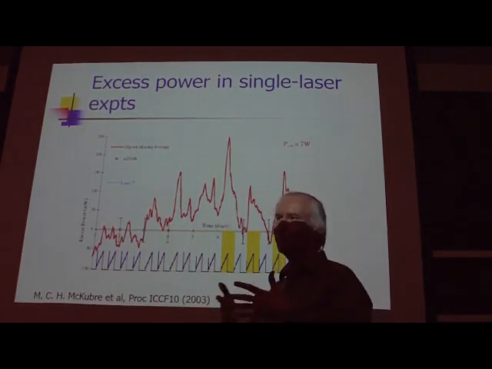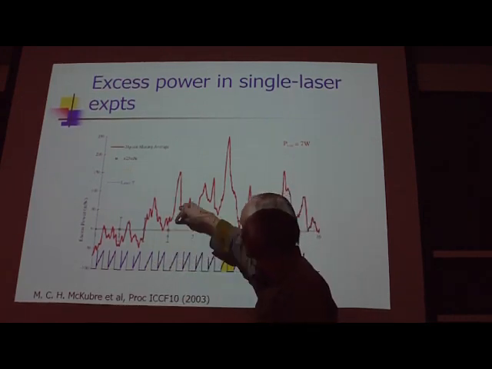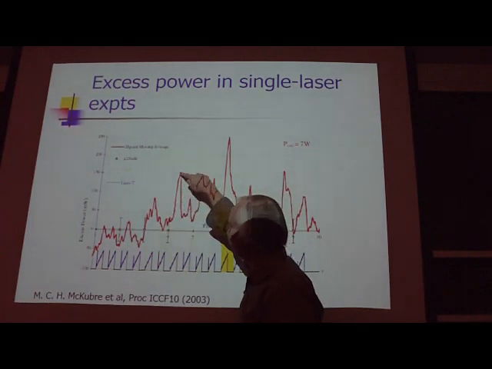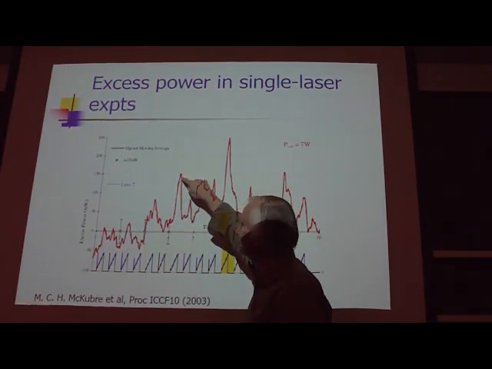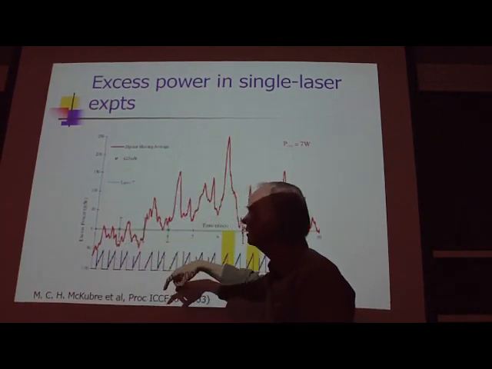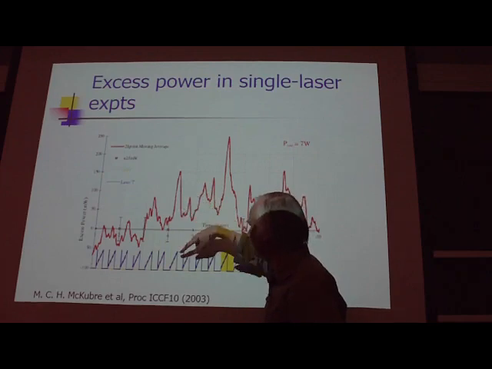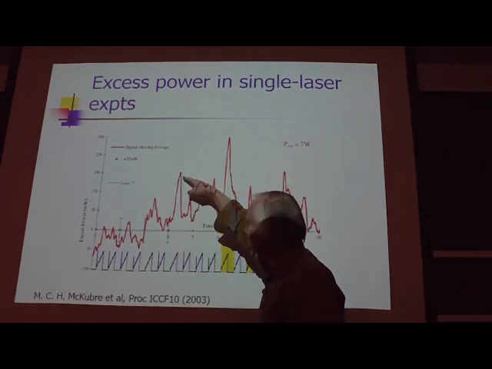There's a question as to which wavelength is most sensitive. And scanning the wavelength, there seems to be an excess power event here. This looks like 150 milliwatts. And then when the laser turns off, the excess power goes away.